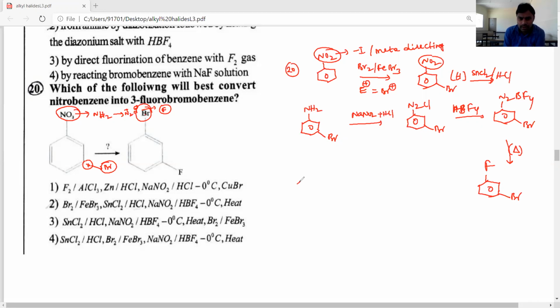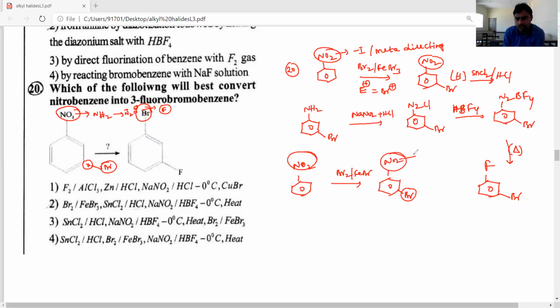Here, what we did with this NO2: first we did bromination with Br2/FeBr3. Because the NO2 group is a meta-directing group, the electrophile will attack at the meta position. Then bromine already came at the third position.